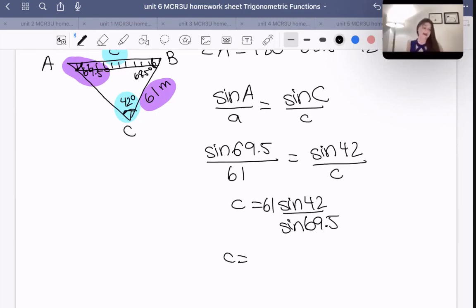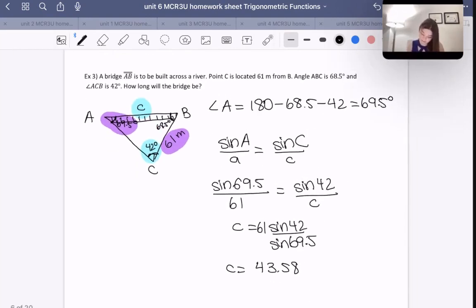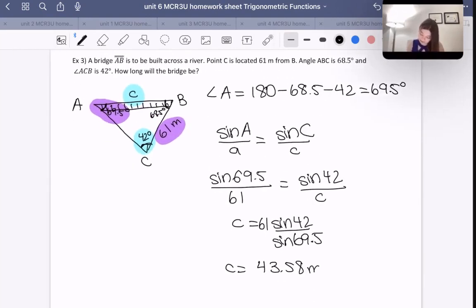And then in my calculator, I'm going to type in 61 times sine 42 equals divided by sine 69.5 equals. And this is 43.576. Okay, so that's 43.58 if we're rounding to two decimal places, which is what I'll do today. So therefore, the bridge will be approximately 43.58 meters. And actually, this is a word problem, so I will give a conclusion statement.